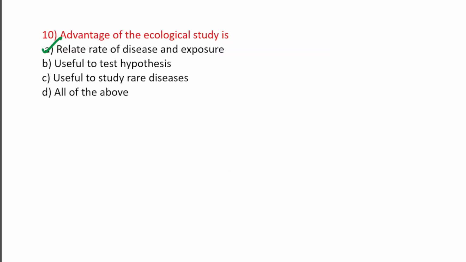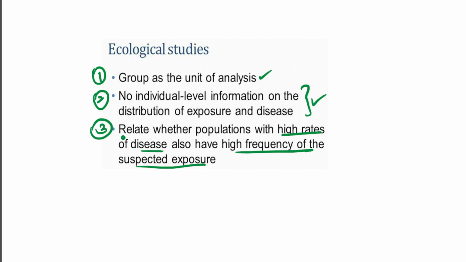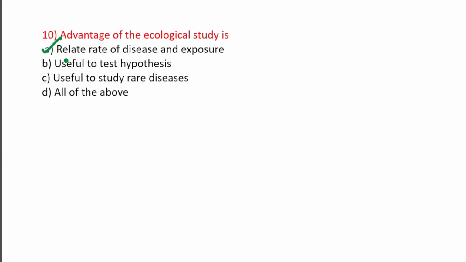So the option in our question, relate the rate of disease and the exposure, is the third point here, that you relate whether the population with high rates of disease also has high frequency of suspected exposure. Therefore, for this reason we have taken the advantage of the ecological study as the first option.